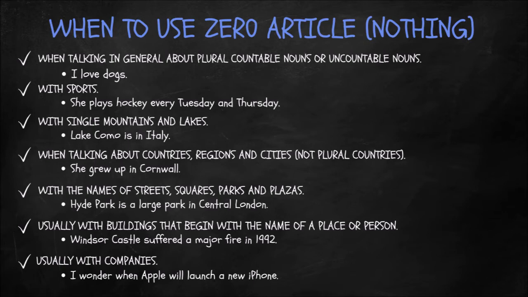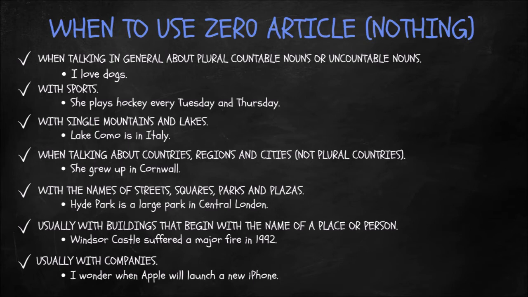Then we usually use zero article with buildings that begin with the name of a place or a person. Windsor Castle suffered a major fire in 1992. And in fact, you could actually compare that with the previous slide where we looked at things with of, the University of Sheffield. However, if we change that around, we would just say Sheffield University.